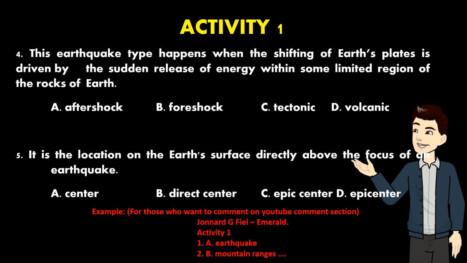Number 5. It is the location on the Earth's surface directly above the focus of an earthquake. A. Center. B. Direct center. C. Epicenter. D. Epicenter. You may pause the presentation if you are not yet done answering.